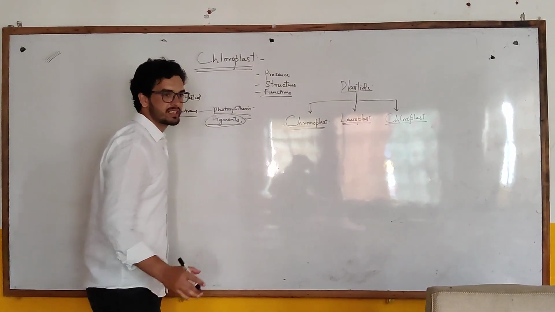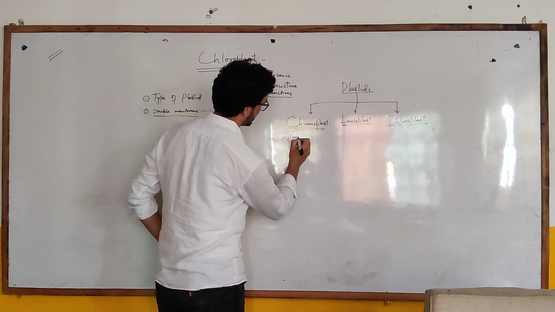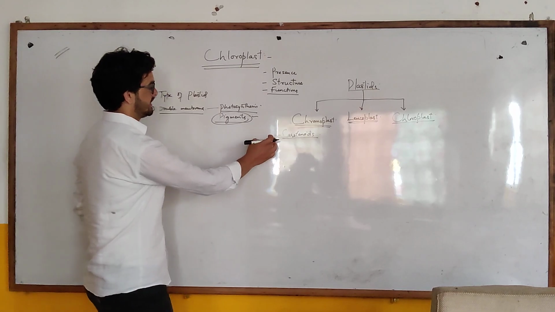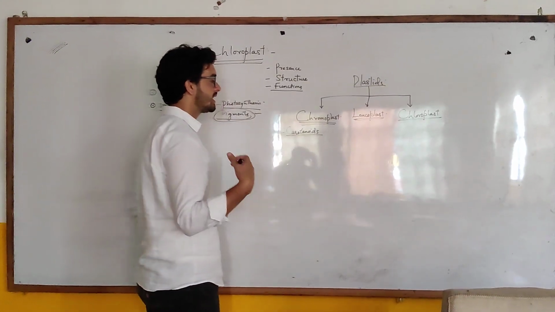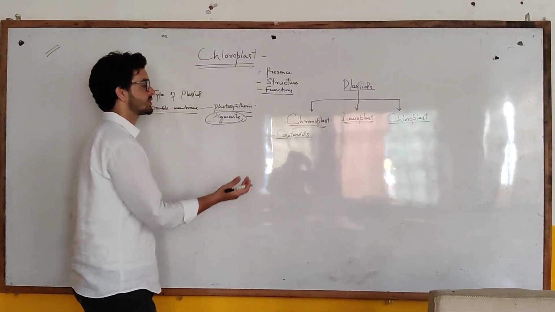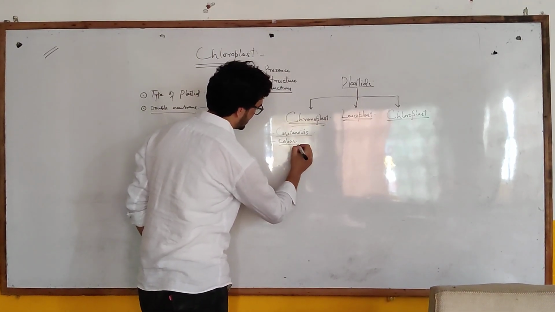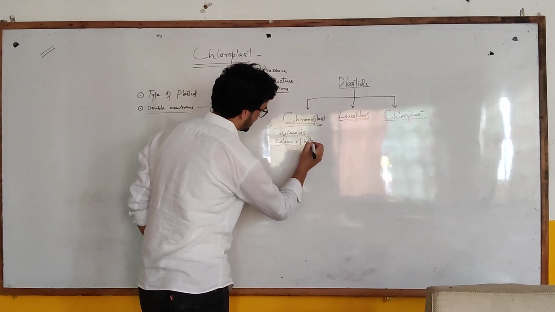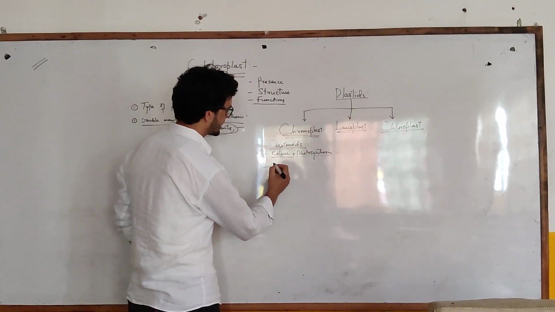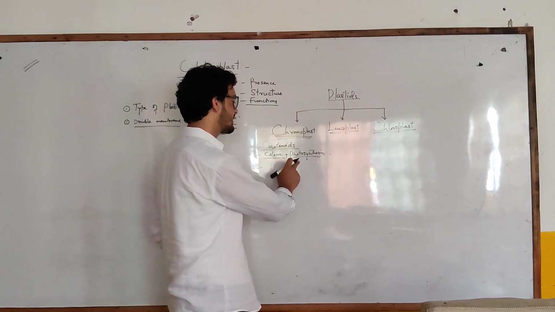Chromoplast shows the presence of pigment carotenoids like carotene and xanthophyll. Its main function is to impart or give the color to the plant parts, and it also helps in photosynthesis.